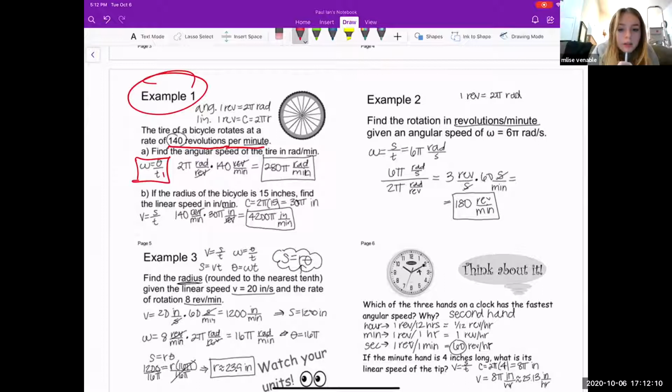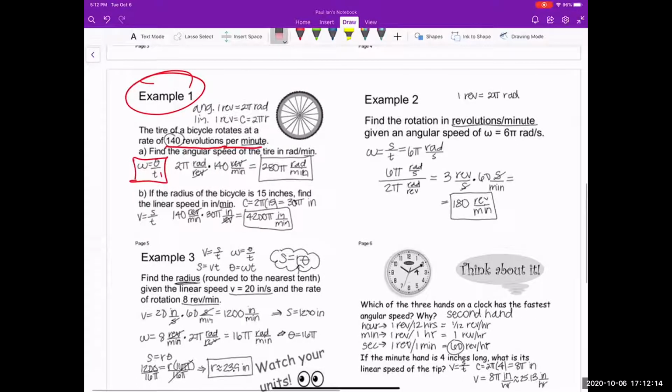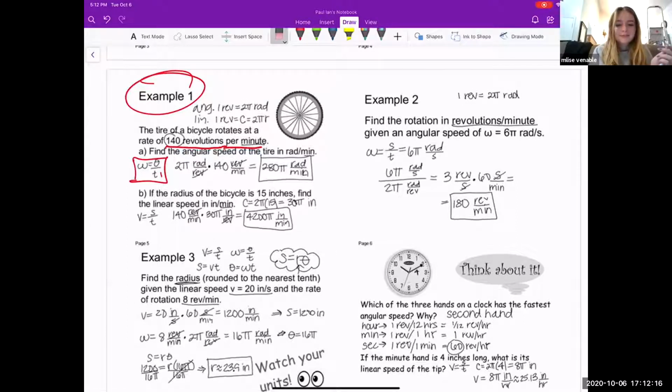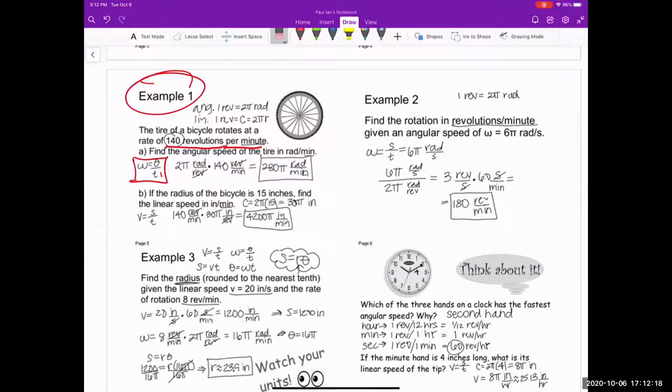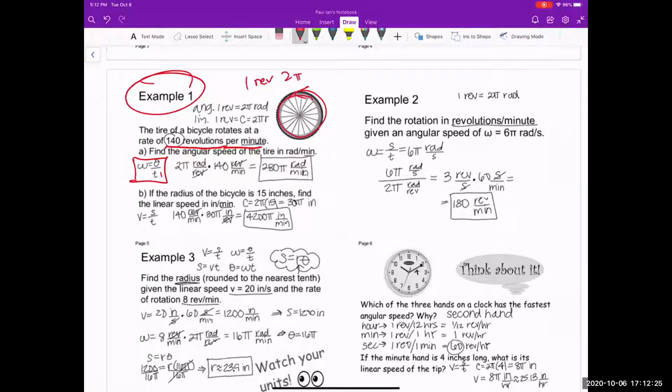A minute. And then one revolution, what was that? This is taking the whole circle, right? And then one revolution is 2 pi. So this 2 pi right here is your theta.